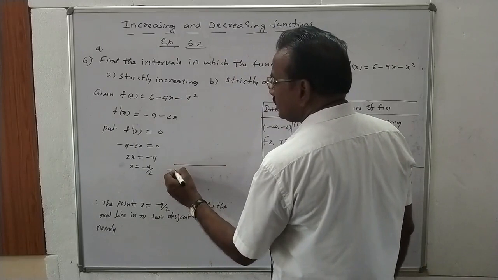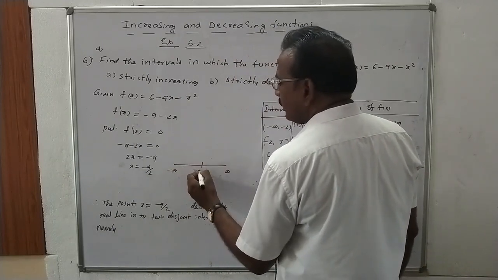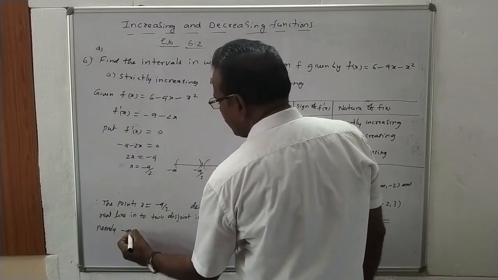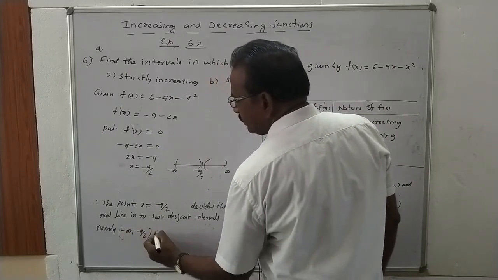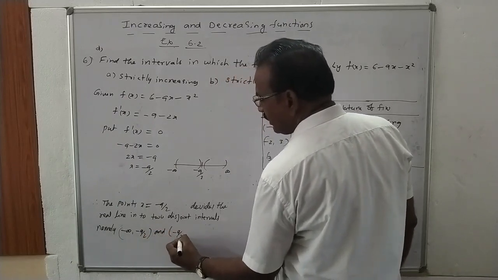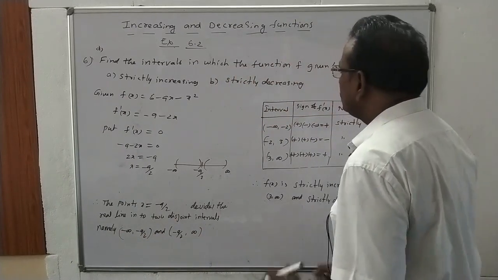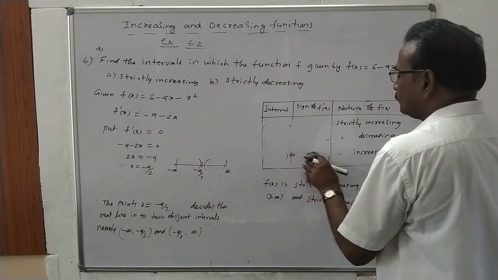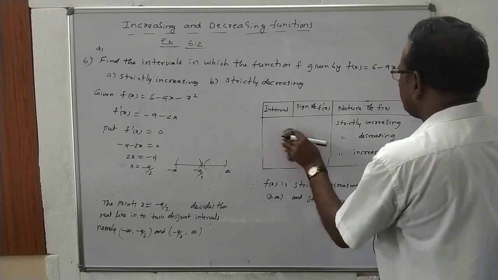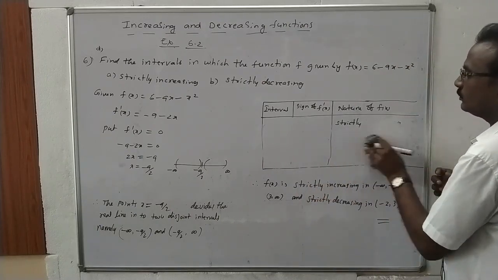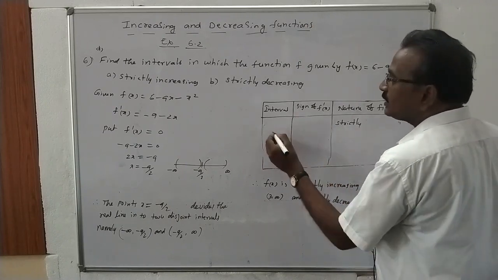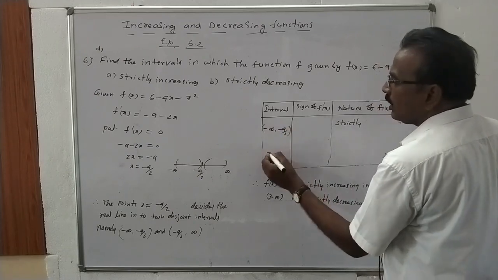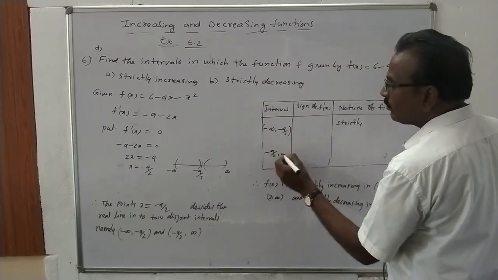This is the real number line, minus infinity and plus infinity, and the point minus 9 by 2 divides it into 2 open intervals, that is, minus infinity comma minus 9 by 2 and the open interval minus 9 by 2 to plus infinity. Here the given intervals are these 2.